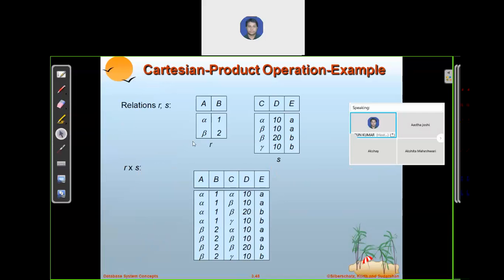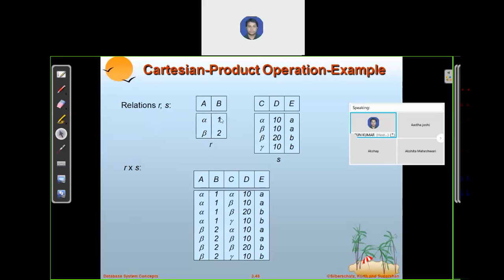Then we have also seen the Cartesian join or Cartesian product of two relations. How can we combine two relations? Till this operation, what we have discussed operates on only one relation. Now, how can we combine two relations? First, we saw the Cartesian join.